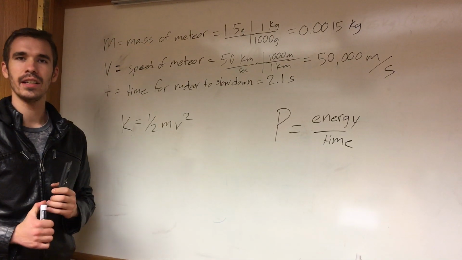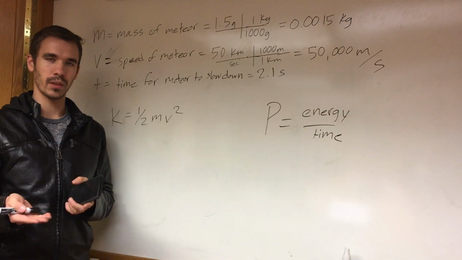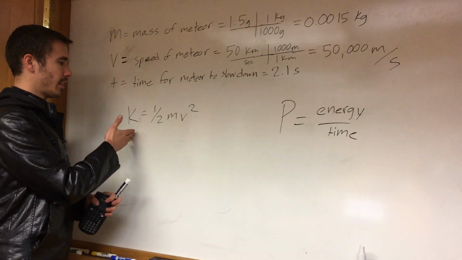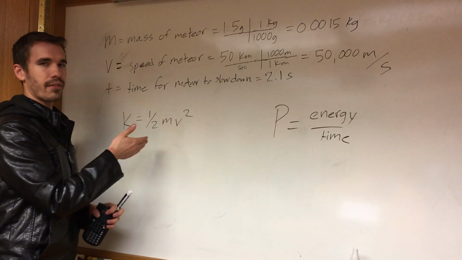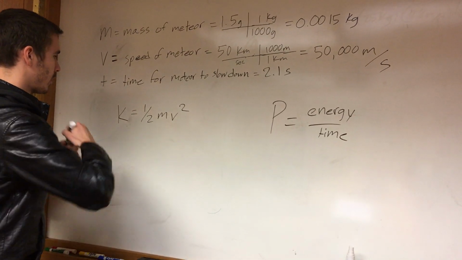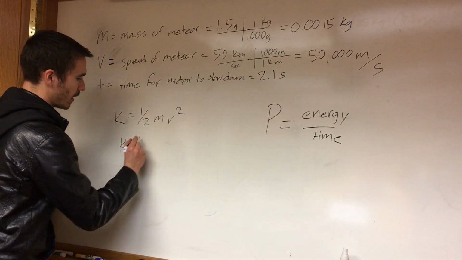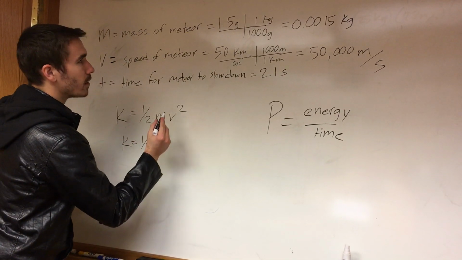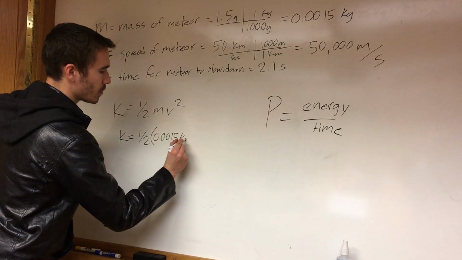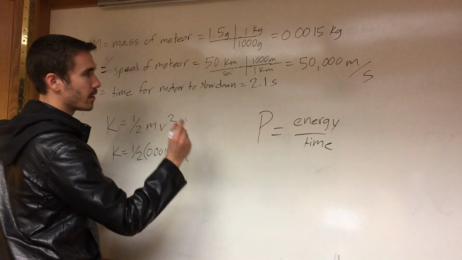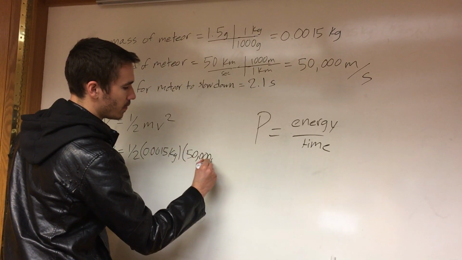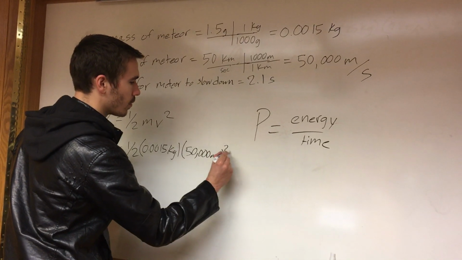So now that we have those units converted, what we can do is use this equation here, because it talks about how the kinetic energy is converted into thermal energy. So the formula for kinetic energy is K equals 1/2 the mass times the velocity squared. So once we input the values we have, we should get 1/2 times 0.0015 kilograms, which is the mass, times the velocity, which is 50,000 meters per second, squared.